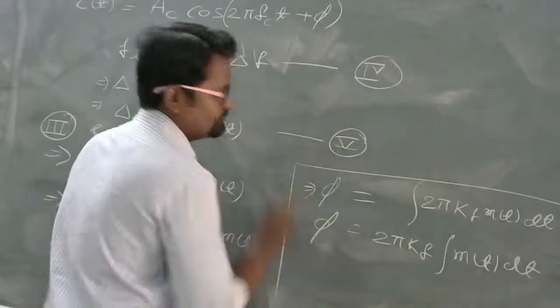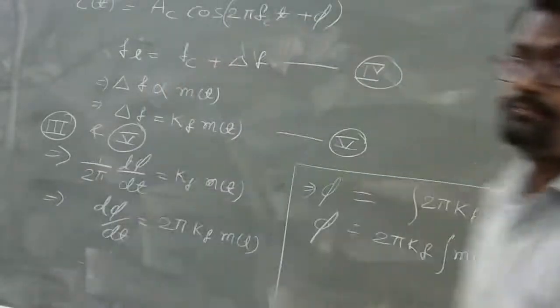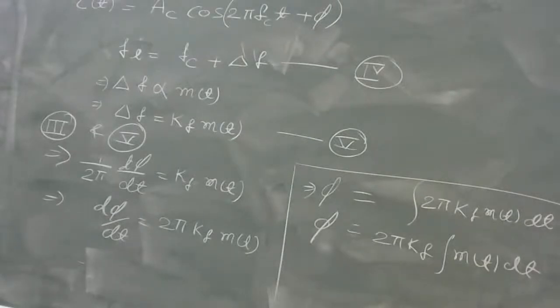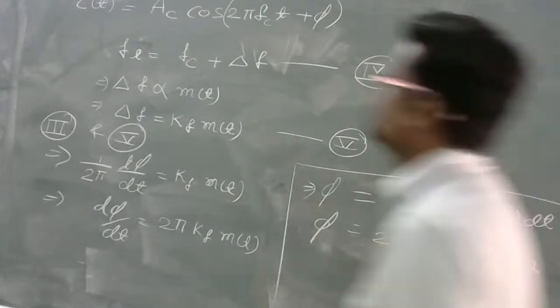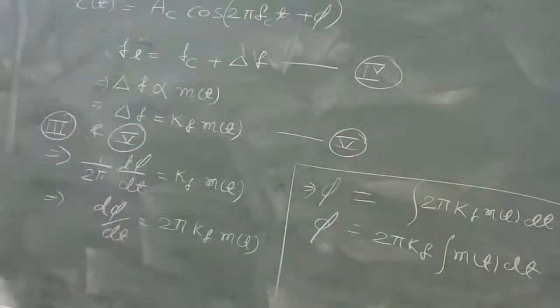This is the value of phi. Note down: phi equals 2 pi Kf integration of m(t) dt. Is it clear to all of you?